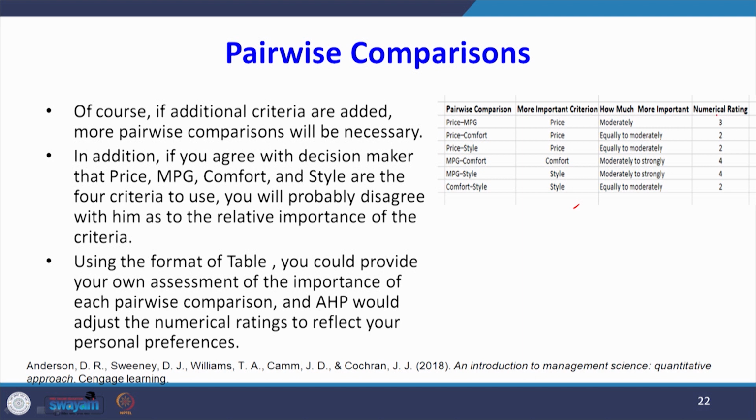For example, somebody has given 3, you can give 4 also. It is up to you to decide. For example, here somebody gave 2, you can make it 3. Here instead of 3 you can give 4, instead of 4 you can give 6. So, it will differ from decision maker to decision maker.